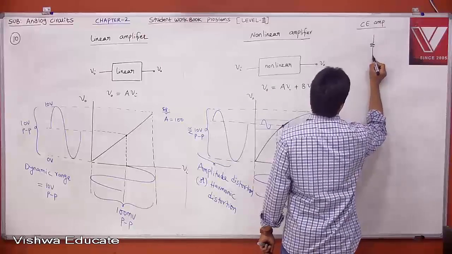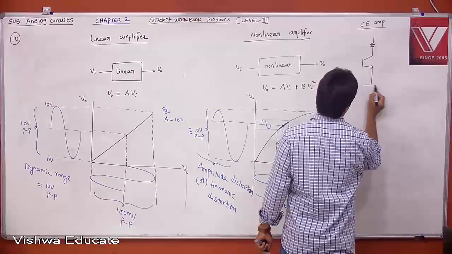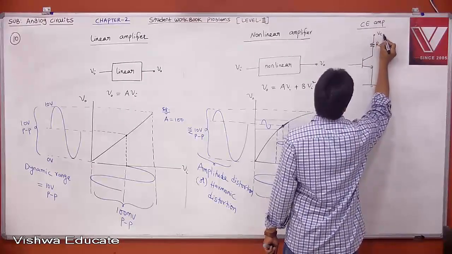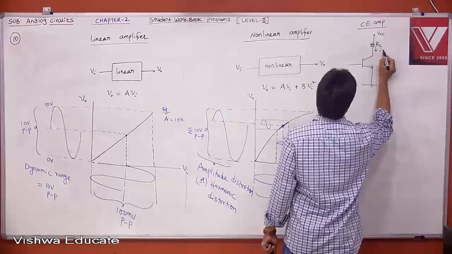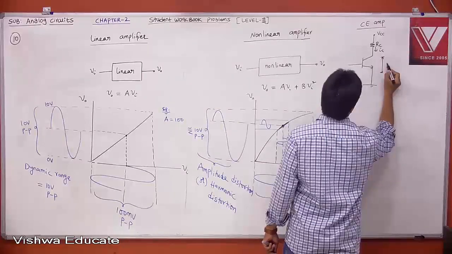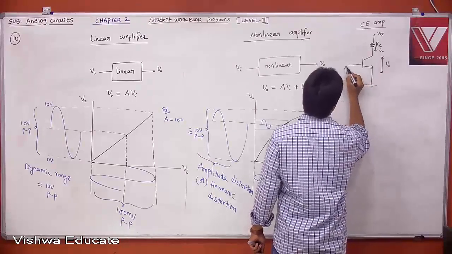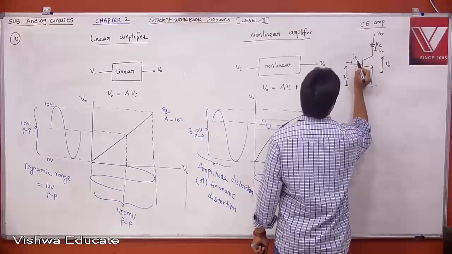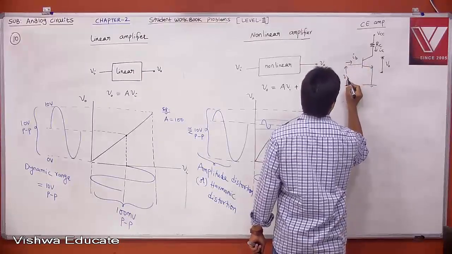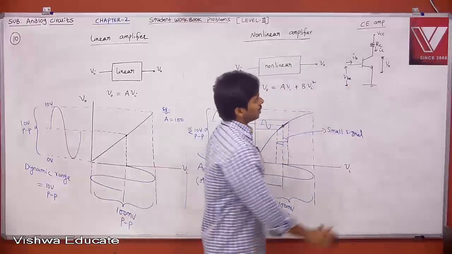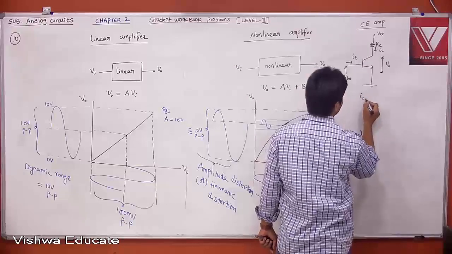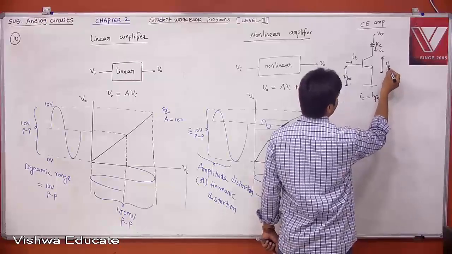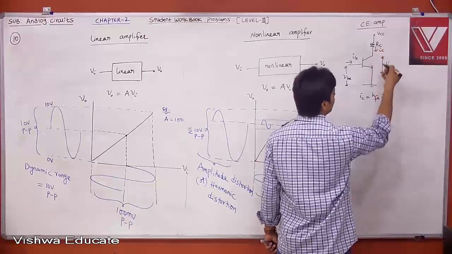This is your RC, VCC, and this is your IC, and this is your output voltage, let us say VC or V0, and this is your input voltage, which is VBE, and this is your IB. What is the relationship between IC and IB? IC is equal to HFE into IB. What is the relationship between V0 and IC? It is almost linear only.